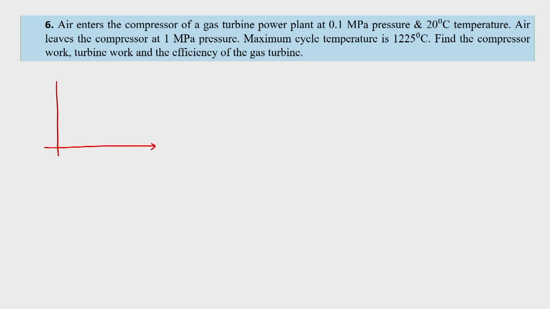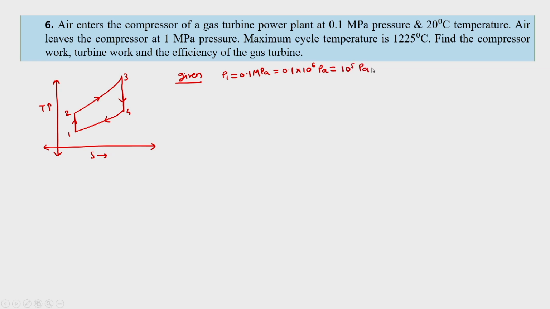So we are given implicitly everything, and then the thing includes the pressure ratio also. So 1, 2, 3, 4. So we are given that P1 is equal to 0.1 megapascal, so it is equal to 0.1 into 10 to the power of 6 pascal. So it is 10 to the power 5 pascal.